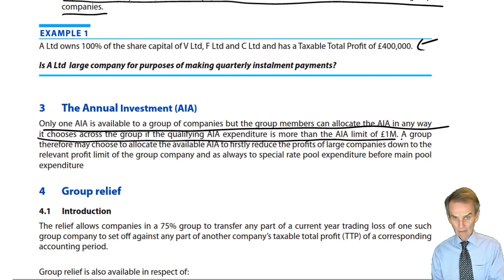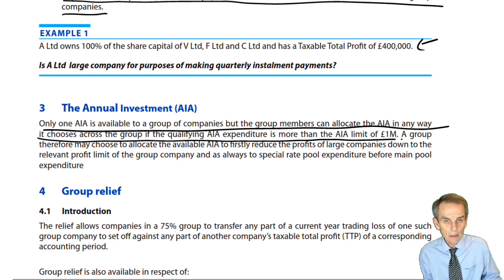If you wanted to give all of the 1 million AIA to just one of those 5 companies, that's fine. You decide, and it will be decided, of course, based on, to begin with, the level of relevant capital expenditure that qualifies for AIA within each of those 5 companies. We, the group, can decide where we apply that AIA figure.